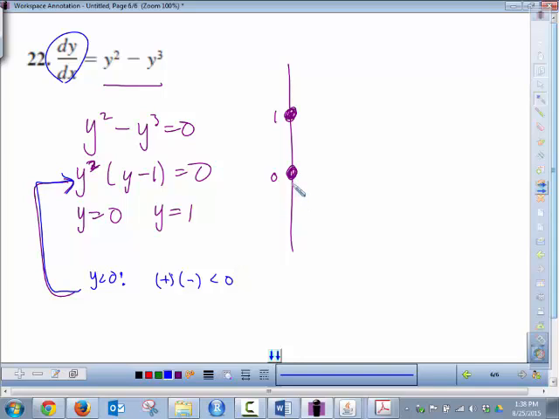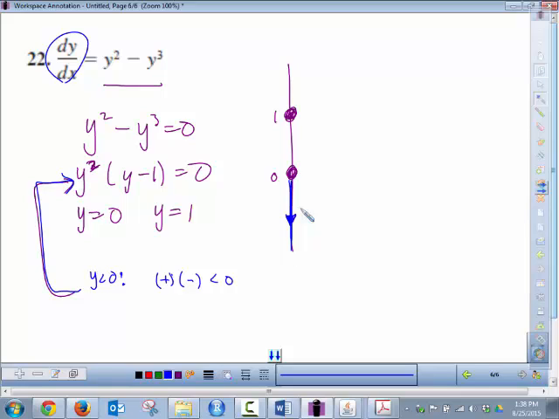And so for negative values of y, I will be decreasing. So I know that if I start off below 0, then my graph is just going to go down, and it's going to go down unbounded. Just going to keep going down.